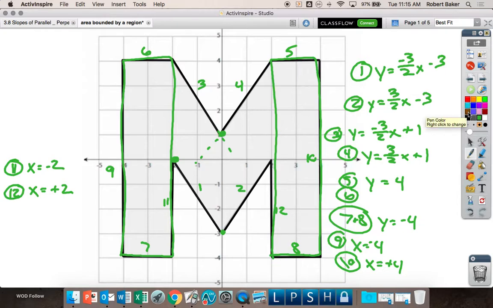In this scenario, the equations don't really matter. You're just counting how long is this piece. 2 units. And then how long is this entire piece? 8. So to find the area of a rectangle, base times height. 8 times 2 is 16. So this rectangle is 16.